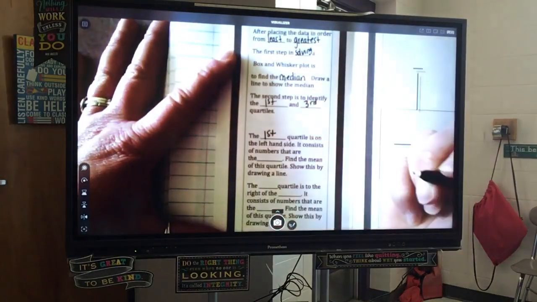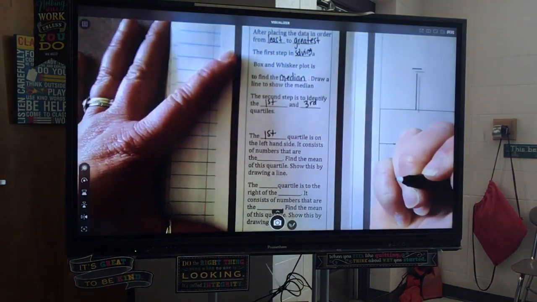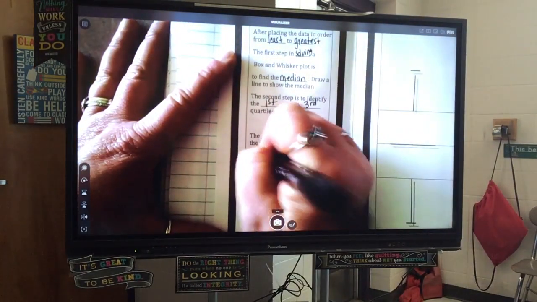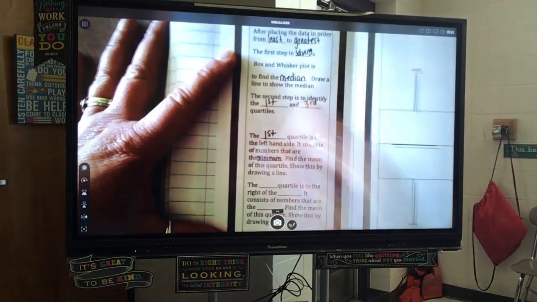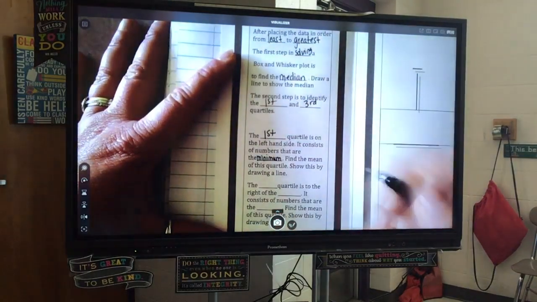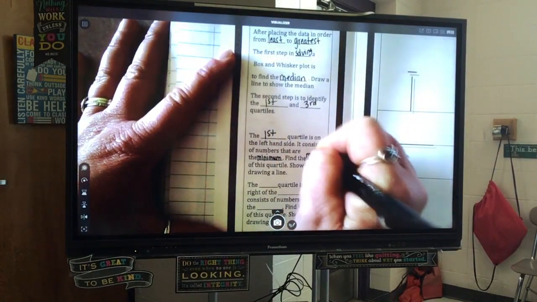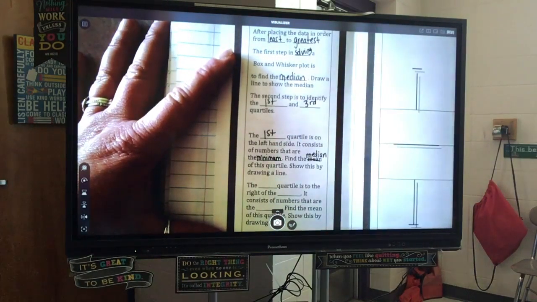The first quartile is on the left-hand side. It consists of numbers that are the minimum. Find the median, not the mean, of this quartile and show this by drawing a line.